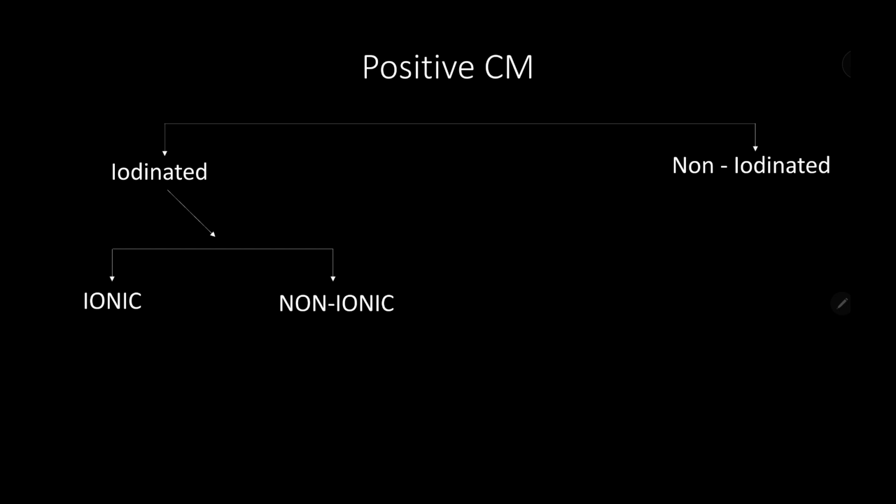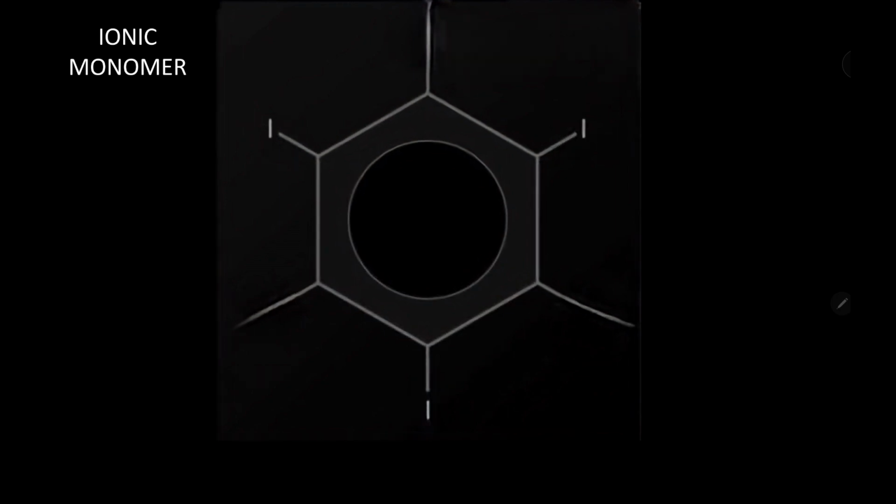So based on this, a benzene ring was taken, and as we all know, there are six hydrogen atoms around the benzene at six positions. So at the 2, 4, 6 positions, the hydrogen atoms were removed, and iodine was introduced, obviously to produce radio opacity, to produce contrast.